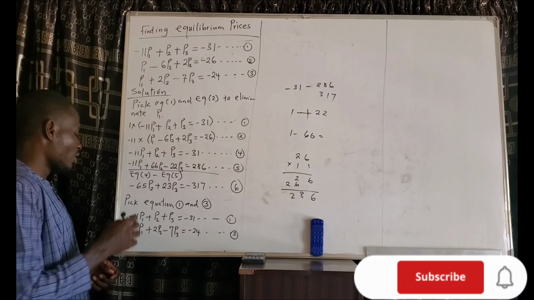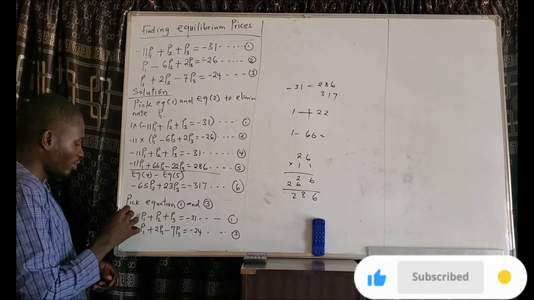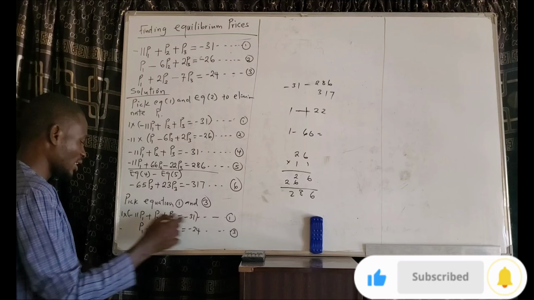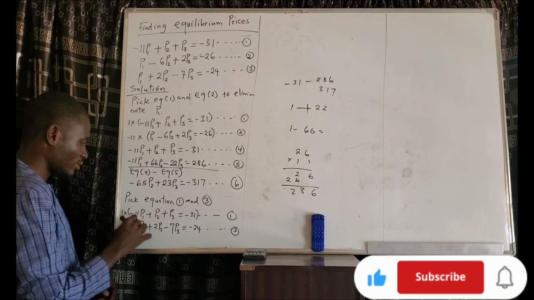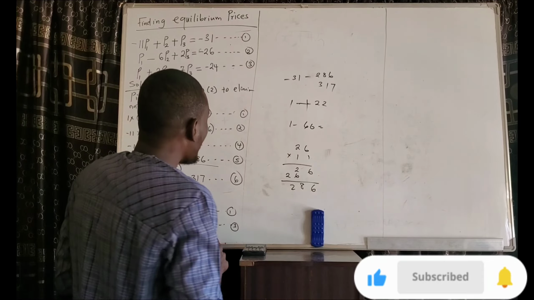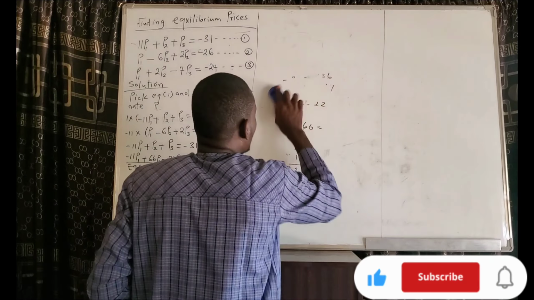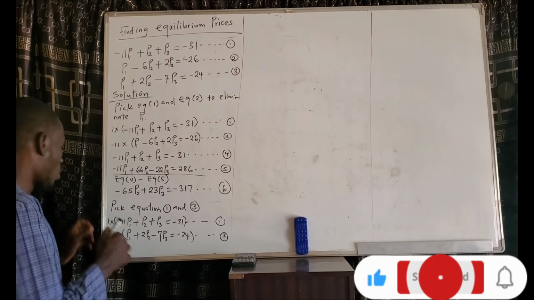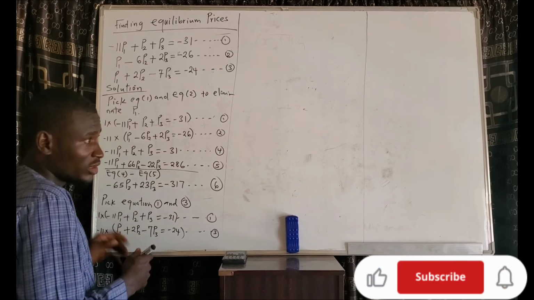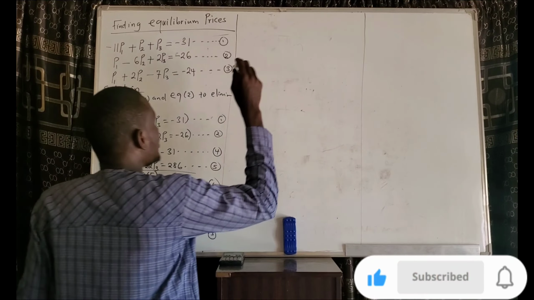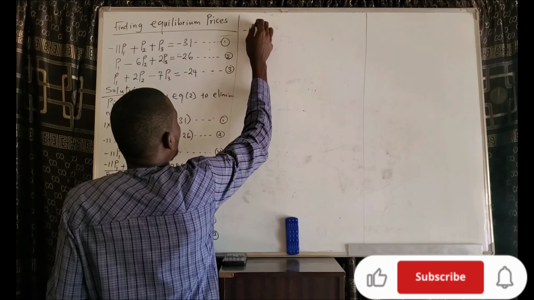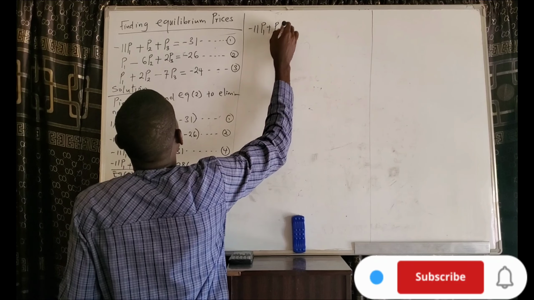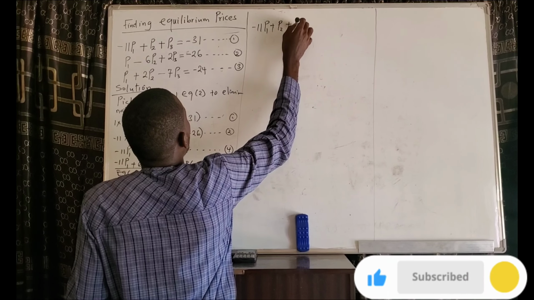Now you multiply equation 1 by 1 and equation 3 by negative 11. Multiplying by 1 changes nothing, so we still have negative 11p1 plus p2 plus p3.